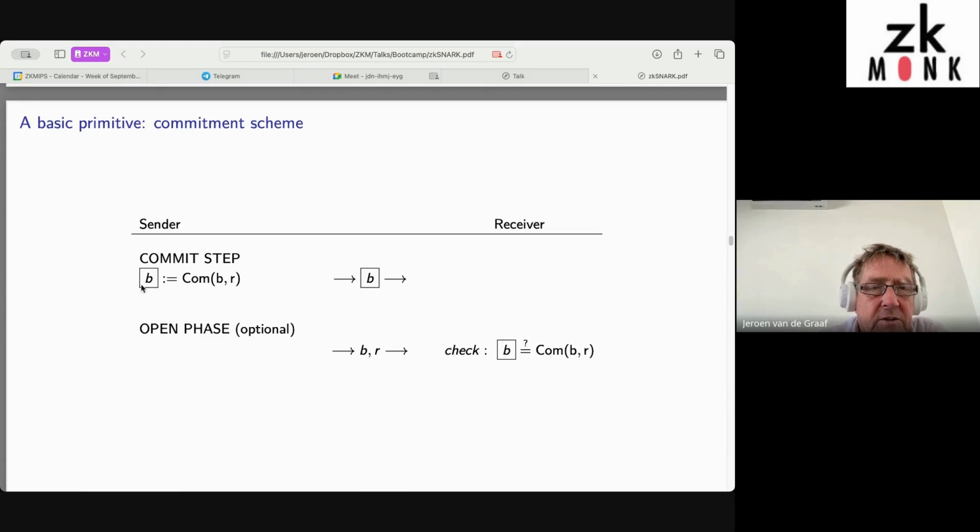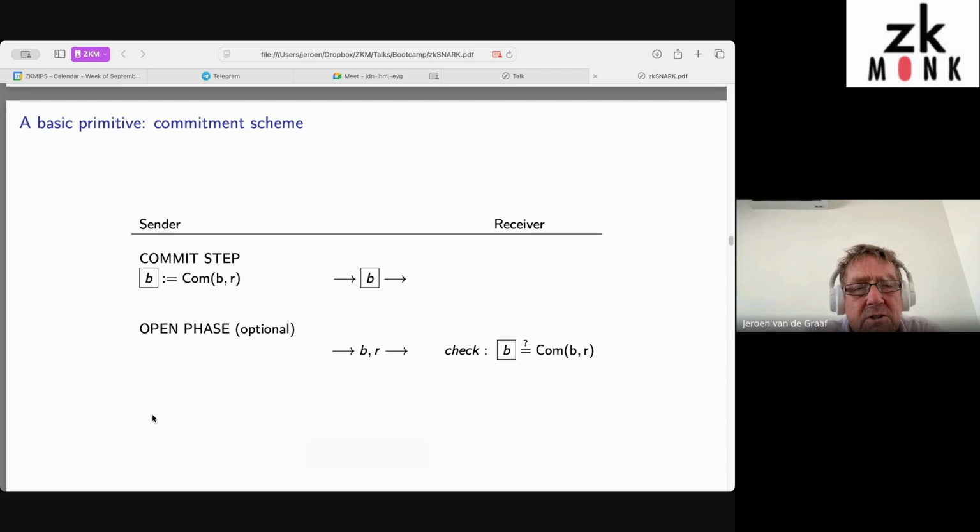The sender commits to a 0 or a 1 and sends it to the receiver. Then the receiver just sends a random 0 or 1 to the sender, and in the third step the sender opens the commitment, and the resulting coin toss will be the exclusive or of the 2 bits.